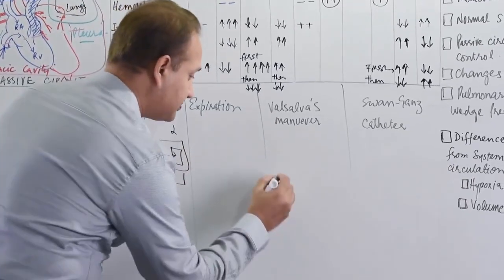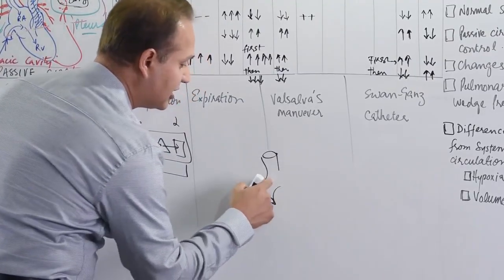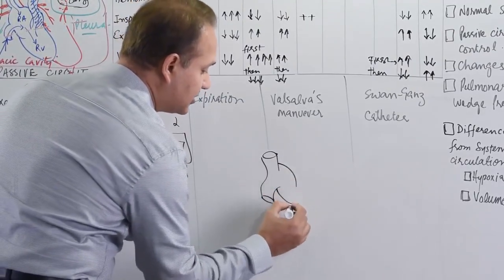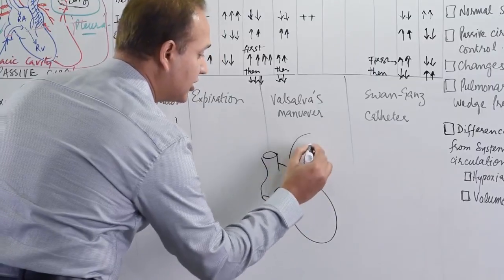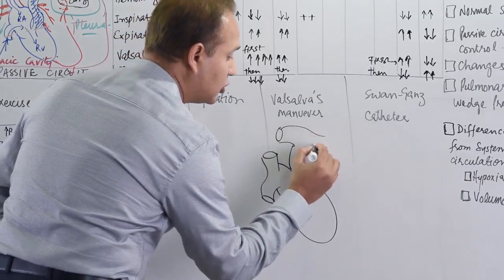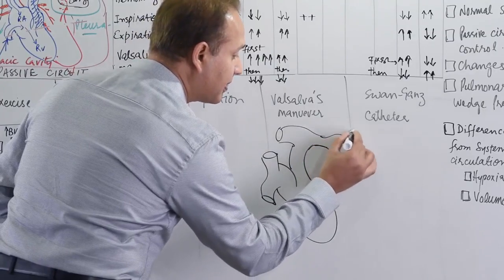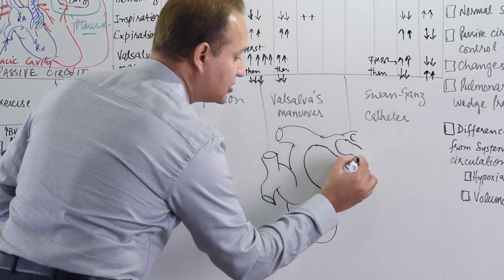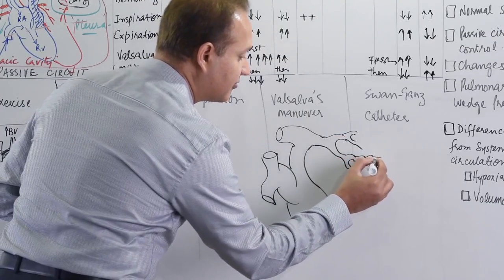So here it is. Let's say this is superior vena cava. This is inferior vena cava. This is right heart. This is right ventricle. This is the pulmonary artery. And you know that pulmonary artery would start dividing till it reaches the arterioles. Then it reaches the state of capillaries.